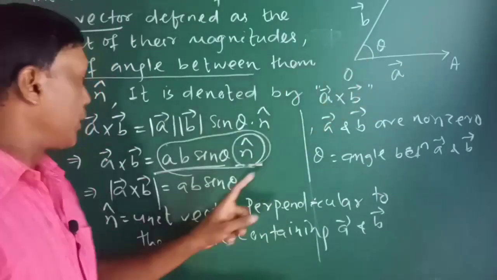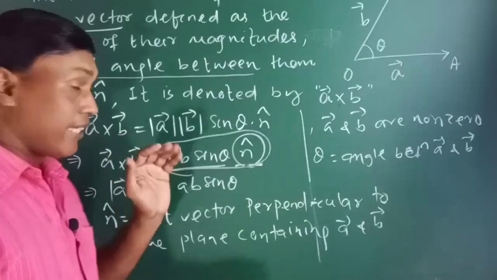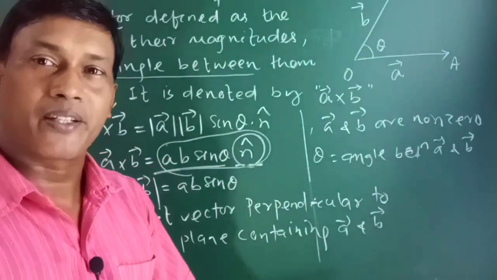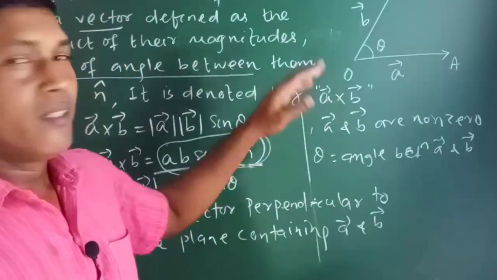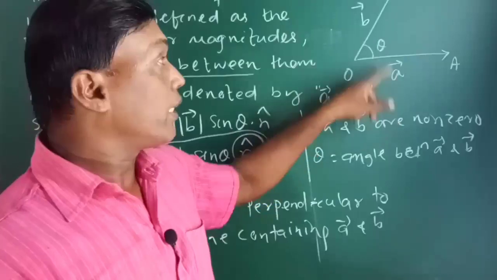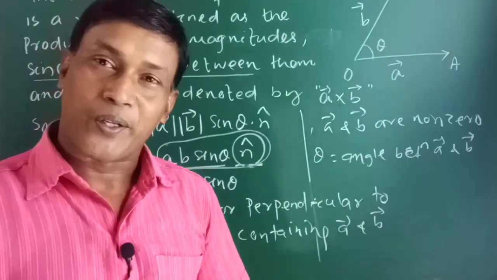N cap is the direction of A cross B. That means A cross B is perpendicular to both A vector and B vector. So dear students, a vector which is perpendicular to both A and B is A cross B.